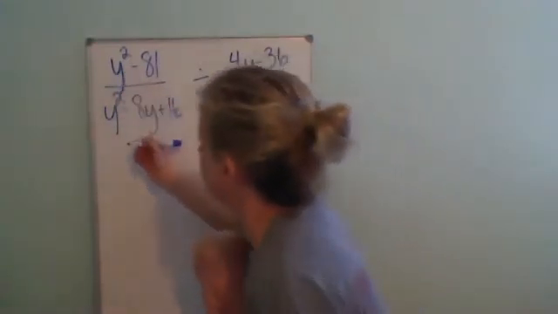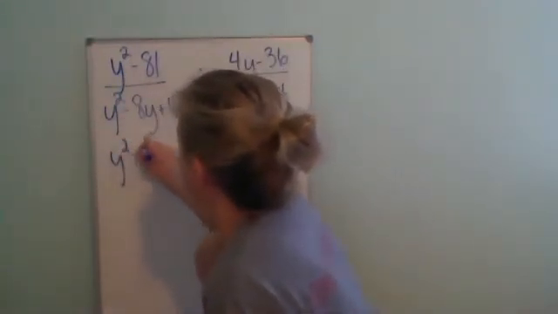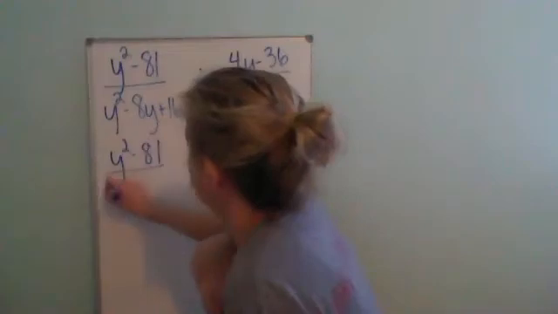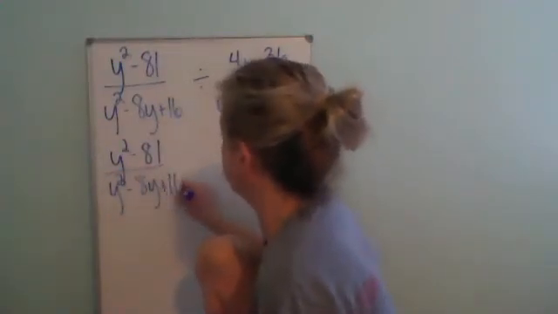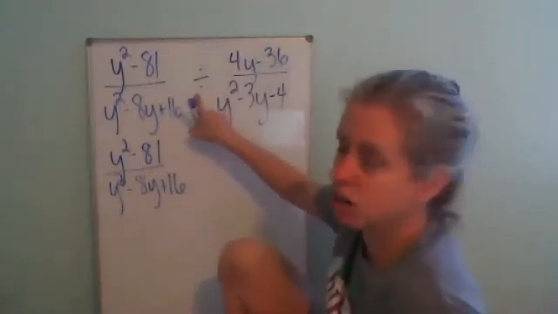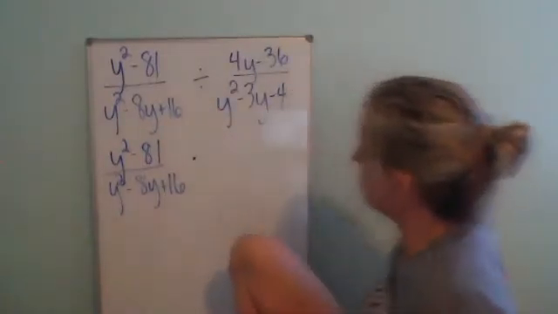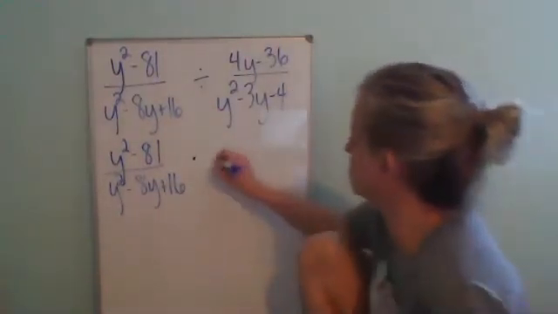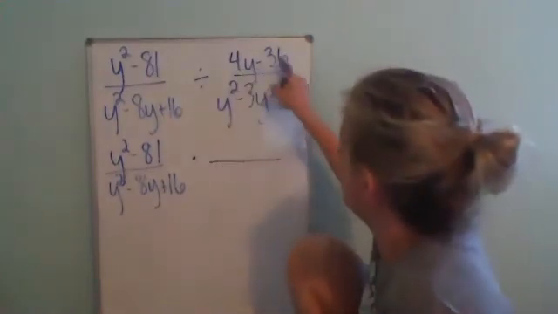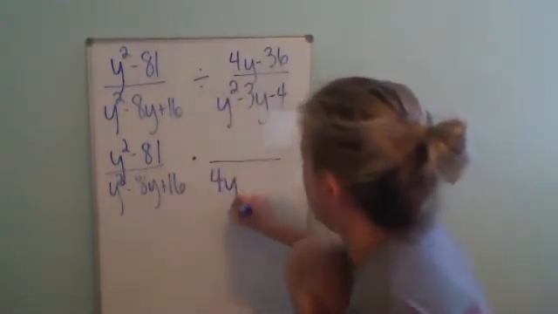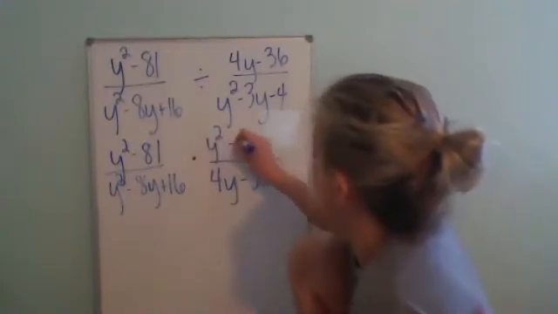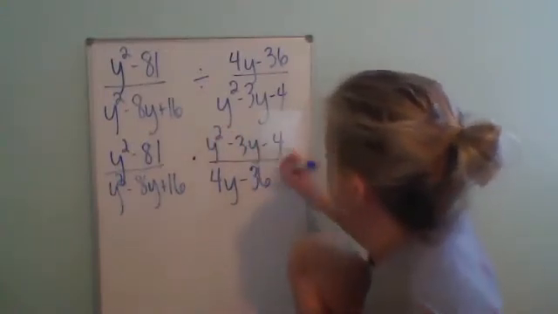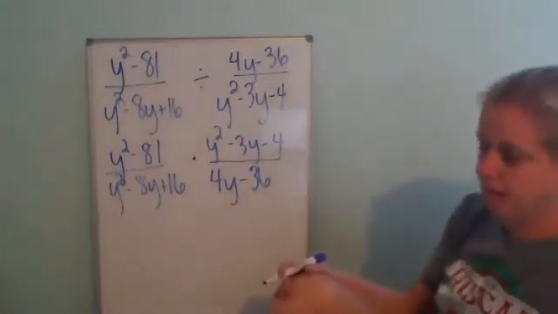So let's see, I'll just bring down the y squared minus 81, bring down the y squared minus 8y plus 16. Now I'm going to turn this division to multiply and then flip this one. So here the 4y minus 36 will come into the bottom and the y squared minus 3y minus 4 will come up top.